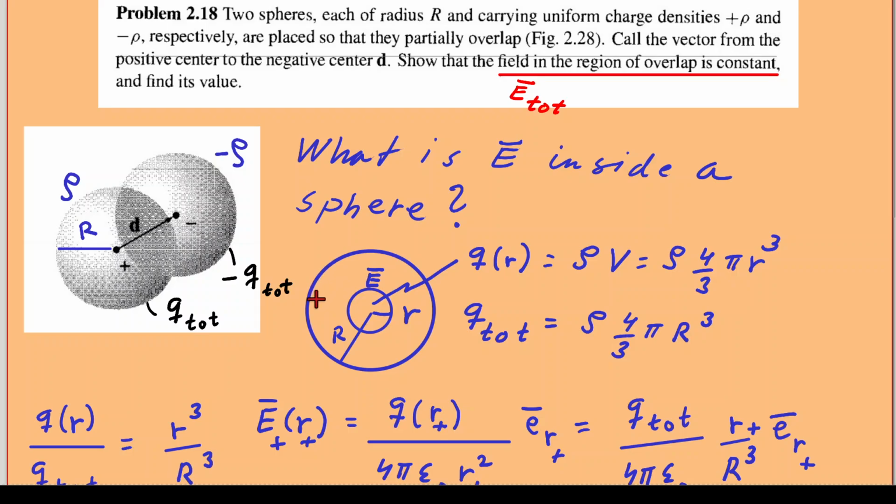So that shell, for example, if you're anywhere, then the electric field is zero, and then the next shell and the next and the next, all of them contribute nothing. So the only contribution is the charge beneath here, or the sum of the shells beneath, and that is just the charge and then Coulomb's law.